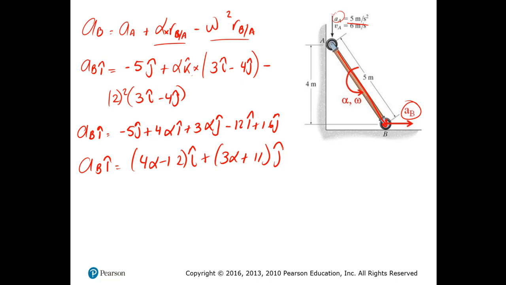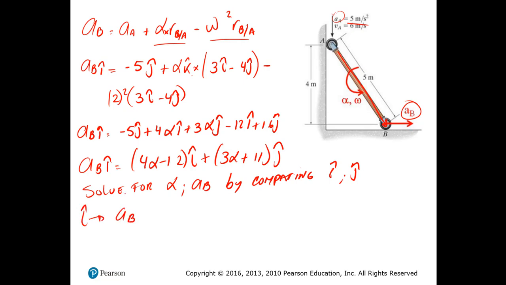And what I need to do is solve for alpha and a_B by comparing i's and j's, right? So for the i's, this one will be a_B, which is equal to 4 alpha minus 12.